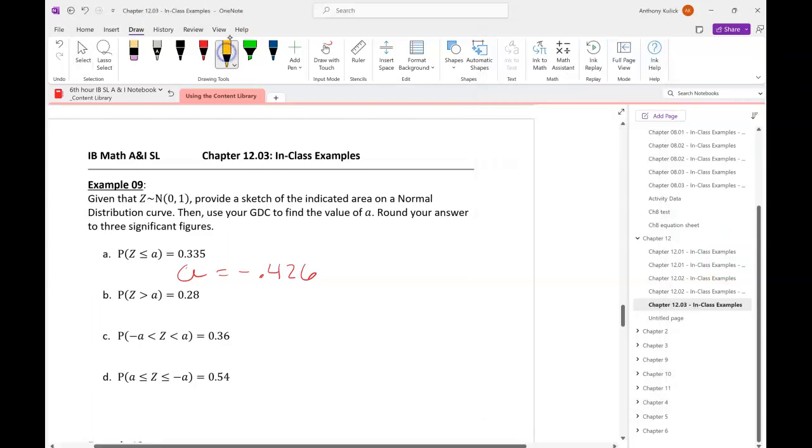Now, the inverse normal is only going to work if that's a less than. So notice what's happening on the next problem. It's greater than. So that's going to be the same thing as 1 minus.